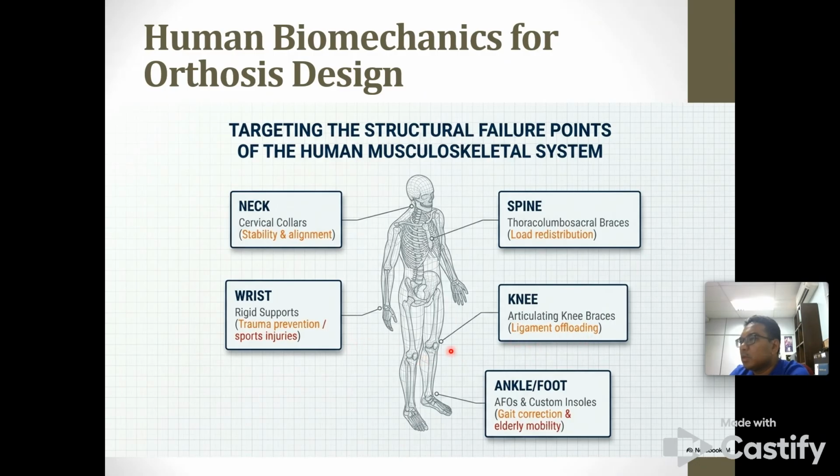As we get older, our knee will have some reduction in its use, so we can have some protection during walking, climbing and so on that protects our knee. And finally, the ankle or foot is more about gait correction and elderly mobility, same as the knee.